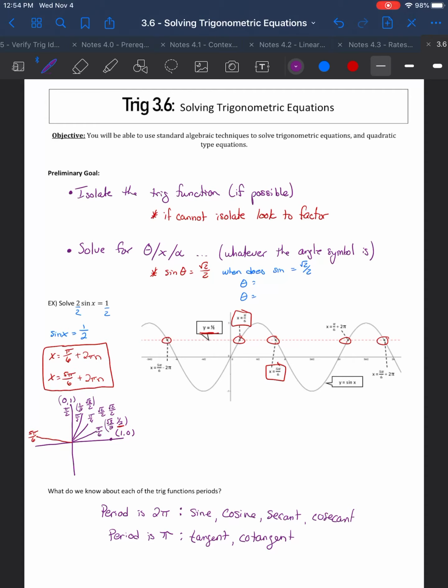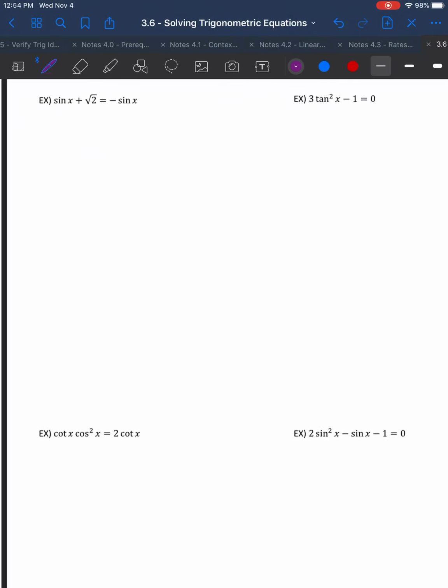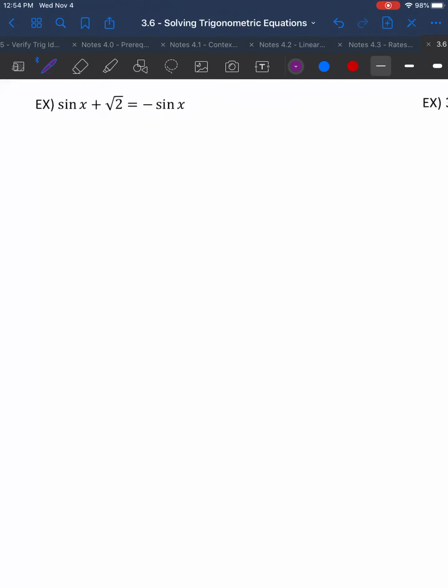So when we solve a tangent or a cotangent function to get the infinite list of solutions, we're going to write plus pi n instead of plus 2 pi n. Okay. All right, isolate the trig function. Well, I've got 2 different ones, so first thing I've got to do is get them together. So I'm going to subtract sine x from both sides.